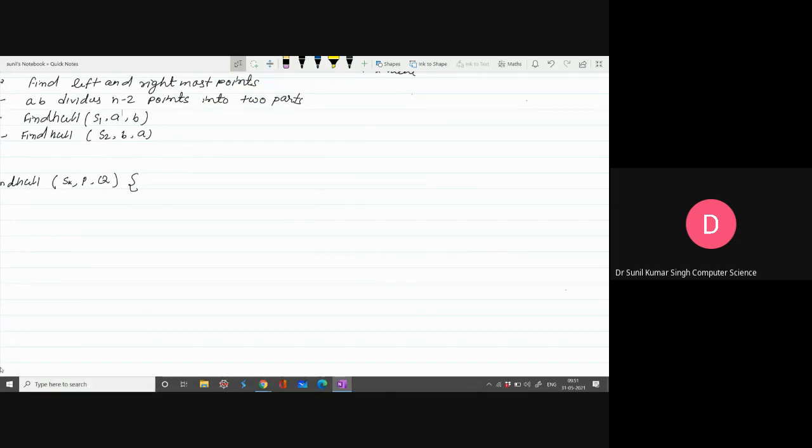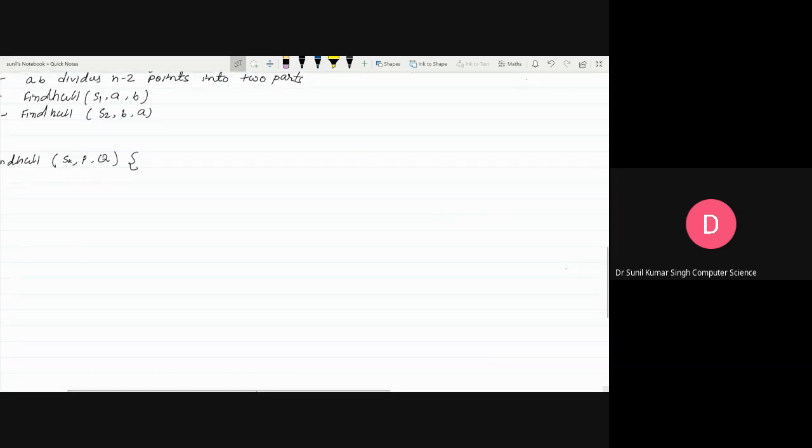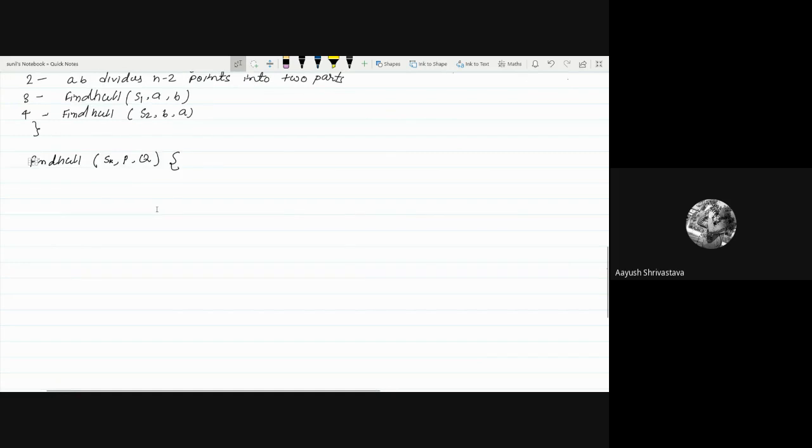Sir, both point A and point B will be taken as a reference in order to find the farthest point?